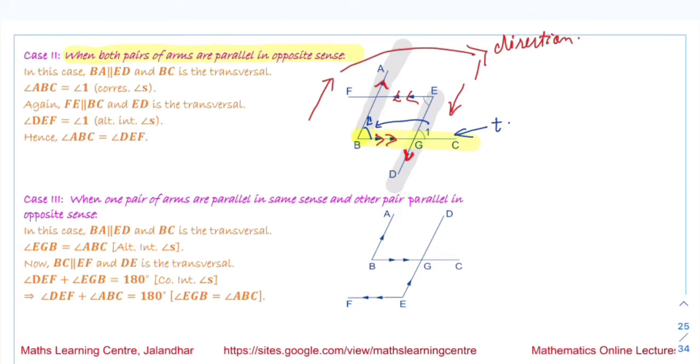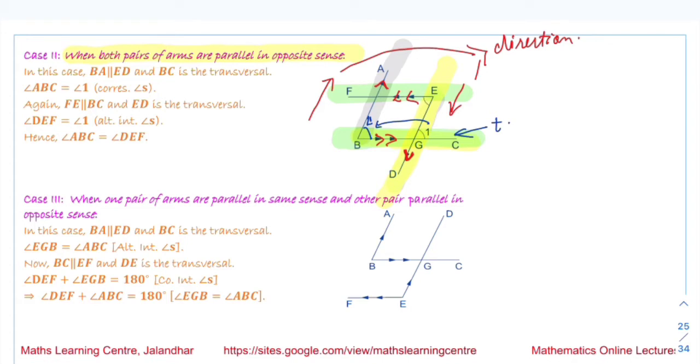Similarly, if we consider the parallel lines FE and BC, for these two lines we have the line ED as the transversal.